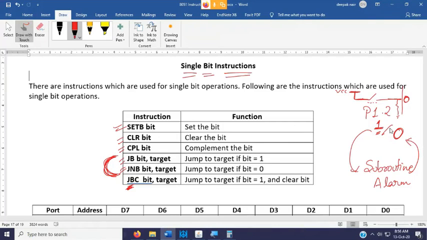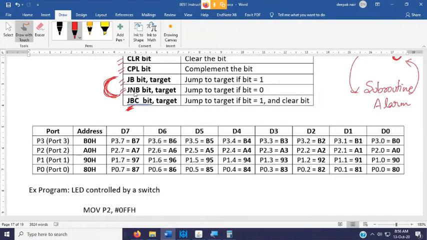So this is the operation for JBC. So you can use JB, JNB and JBC if you want to check whether certain bits are high or not.